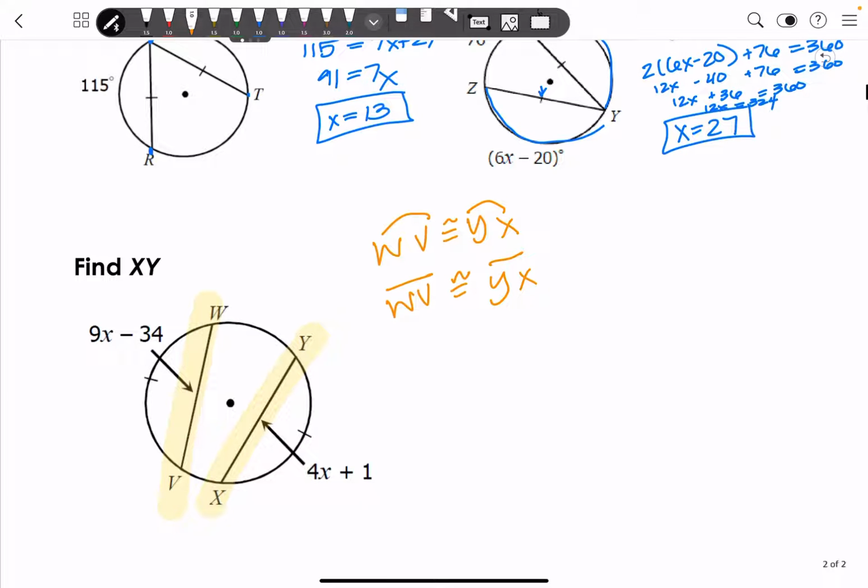And therefore, using the definition of congruence, you can set them equal to each other and solve for x. You're going to solve for x, and then you're going to plug it back into either one of these, since they're congruent, and tell me how much XY is.